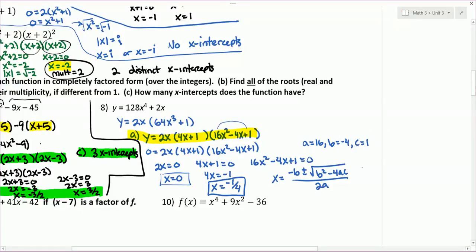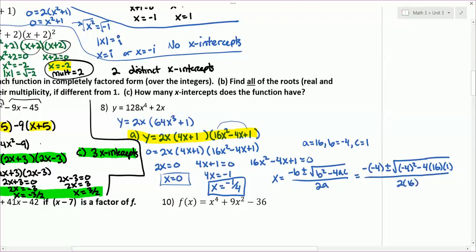So carefully plug all this in. We have a negative 4 plus or minus the square root of negative 4 squared minus 4 times 16 times 1. All of this is over 2 times 16.